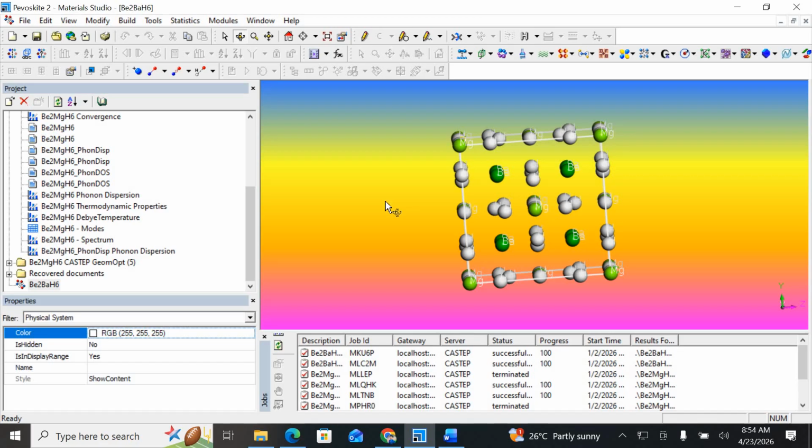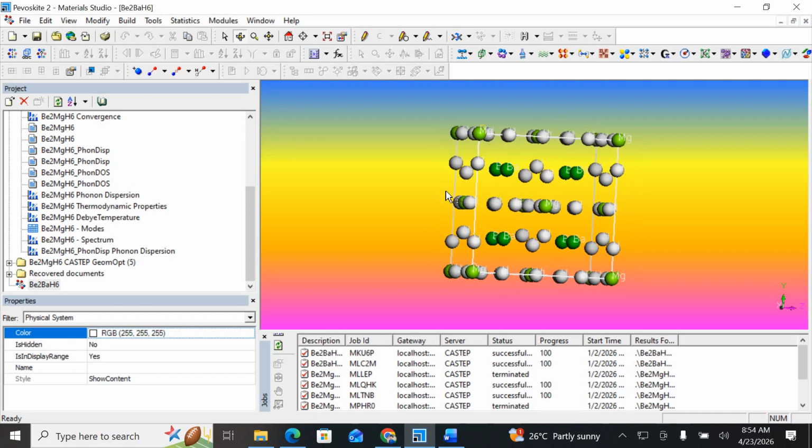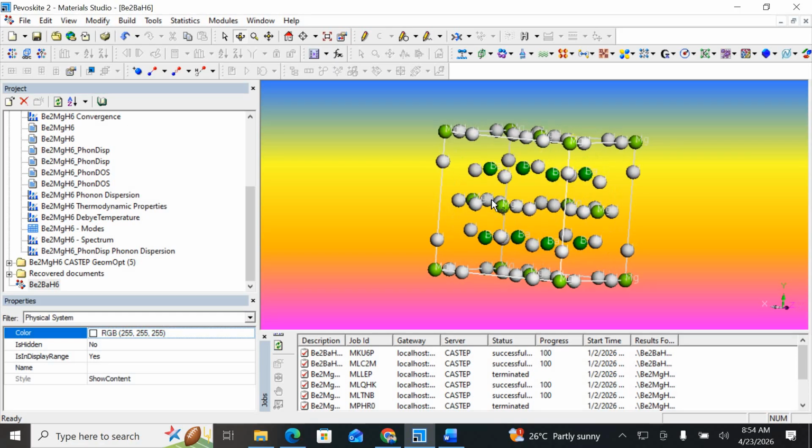A material may show excellent storage capacity in simulation, but if it is unstable, it will decompose or distort and cannot be used in practical applications. Therefore, evaluating stability is a fundamental step in DFT studies, and without it, our results are incomplete and cannot be considered reliable or publishable.